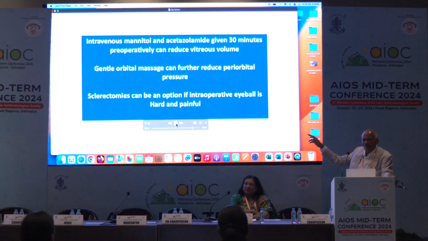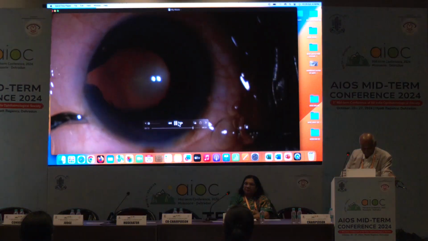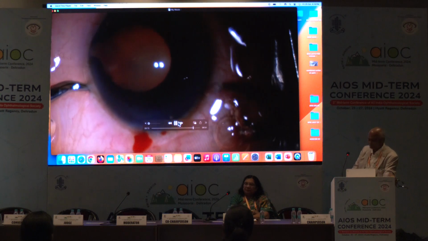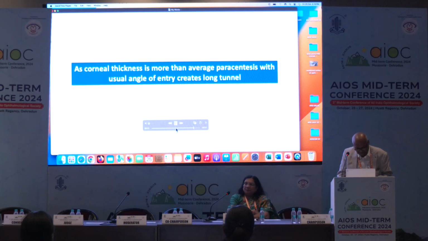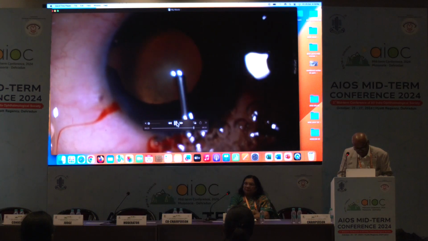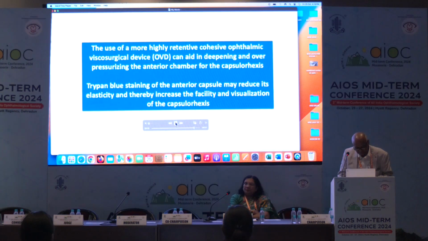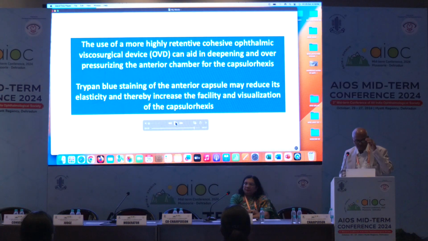So I have gone in this way. Now whenever I am doing it, you will have to use retentive cohesive ophthalmic viscosurgical devices, OVD. Why? They can aid in deepening and over-pressurizing the anterior chamber for the capsular rhexis. Otherwise the rhexis is not possible, you can't do the rhexis.